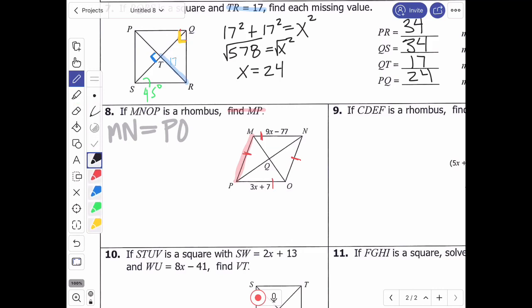So I'm going to have 9x minus 77 equals 3x plus 7. And reminder, the reason I set those two equal to each other was because of the property that says a rhombus has 4 congruent sides. That's really important. 4 congruent sides.